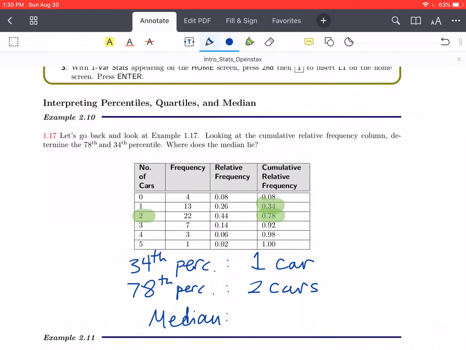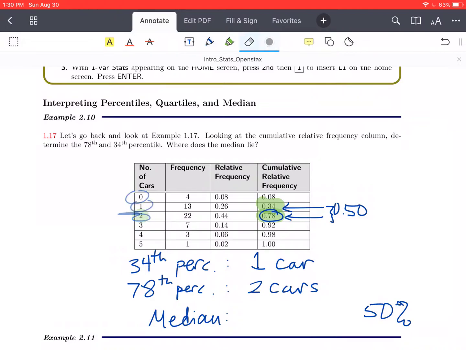And then the median, so the median is where 50% of the data is above and 50% is below. Well, I know that 34% is below this, 78% is below that, and 50% is somewhere in between those two. So the median has to fall between these two values. Now, this 78 encompasses all of the 2's, the 1's, and the 0's.